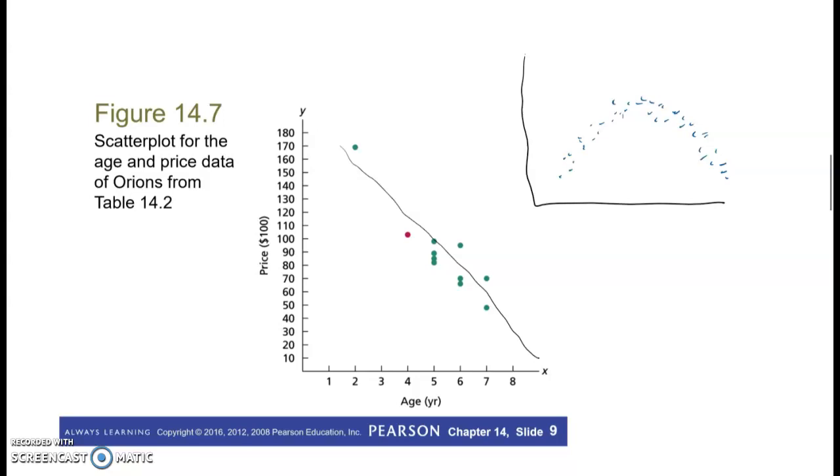There is a whole other field of polynomial regression where you can fit a polynomial to a graph like that. Think of a parabola, but we're not doing that here. So if you get a diagram like this one and ask, does it appear you can fit a linear equation? Well, that answer would clearly be no. You would not be able to use a data set that had a scatter plot that looked like this, and you would not be able to represent that one with a linear equation.